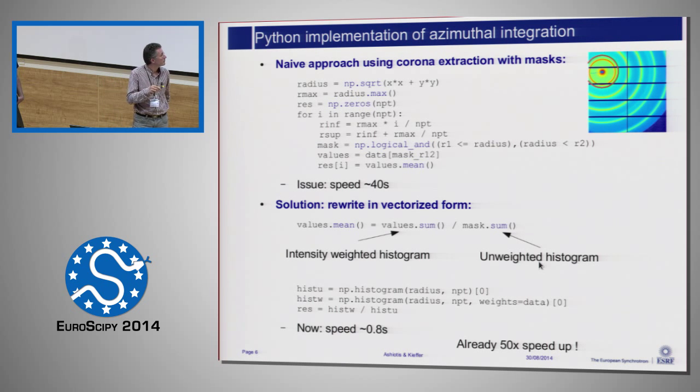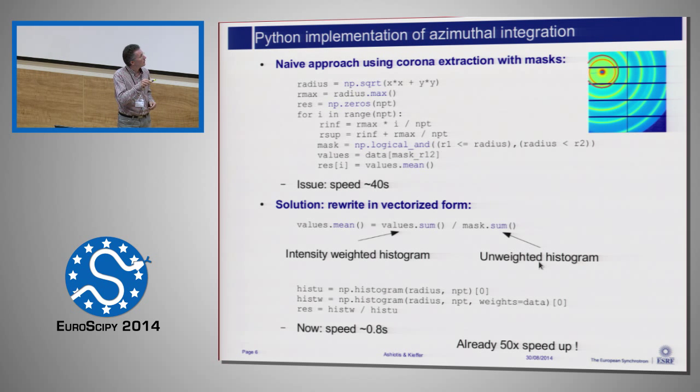The first trick is to take this mean and separate it into two parts. The mean is the sum divided by the number of elements. The sum can be calculated like that. The number of elements is the sum of what is in the mask. And those can be vectorized using intensity-weighted histograms and unweighted histograms.